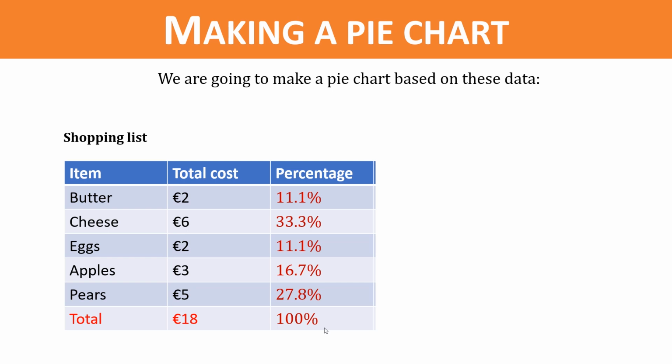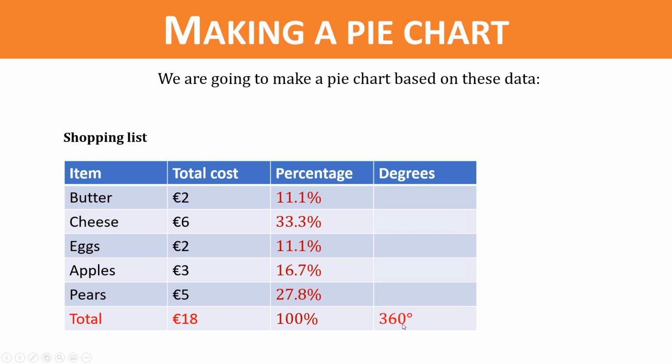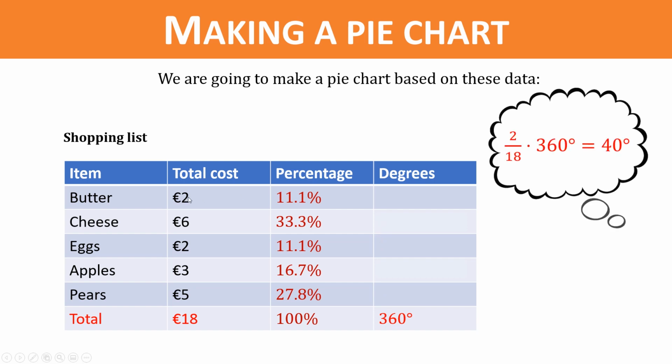Now, in order to draw a pie chart, we don't need percentages, we need degrees. But other than that, the idea is the same. We know that the total value of 18 euros will be the entire circle, or 360 degrees. So how many degrees will butter be? Well, again, butter is 2 euros out of 18 euros. So butter as a fraction of the total is 2 over 18.